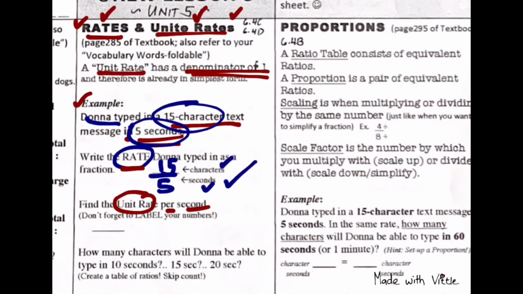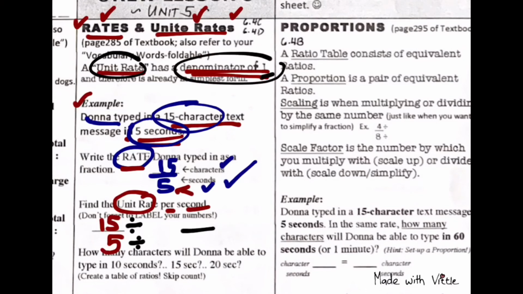Now, can we write down Donna's typing rate as a unit rate per second? That means we have to change that 5 seconds into 1 second. Okay? So you can go ahead and write it down again. 15 over 5. Then let's go ahead and simplify. Isn't it a unit rate has a denominator of 1? So we want that 5 to become 1. What number do we divide 5 by to become 1? Any number divided by itself will equal 1.